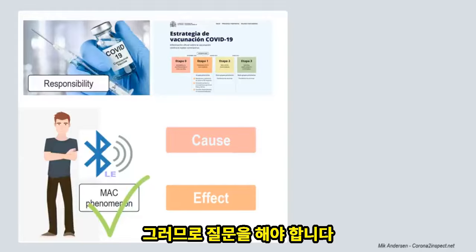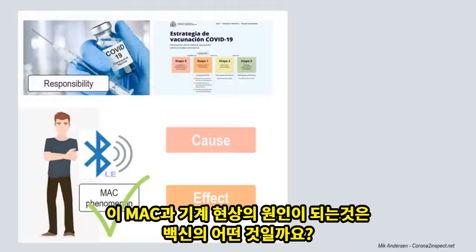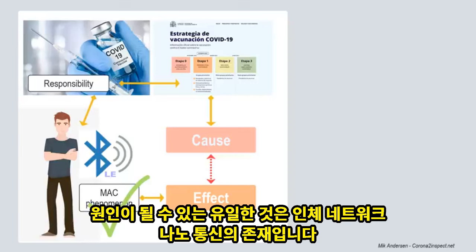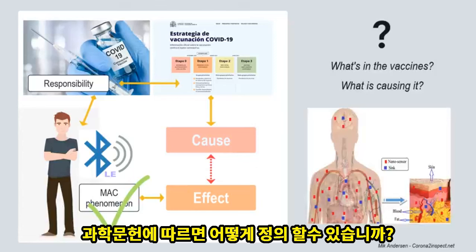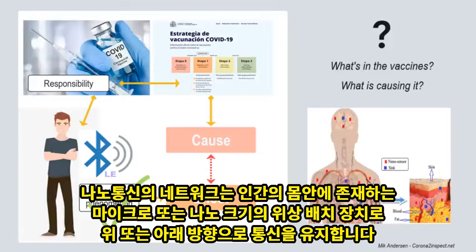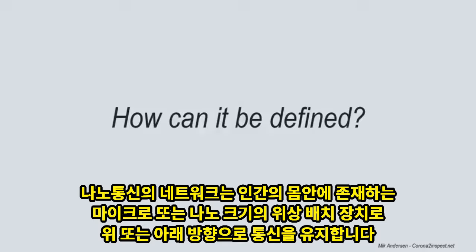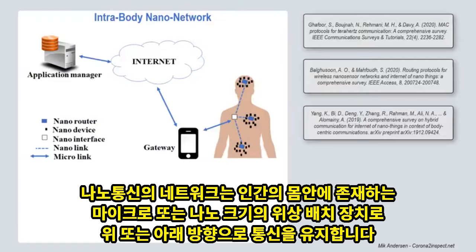Therefore, the question must be asked: what is it in the vaccines that is responsible for the MAC emission phenomenon? The only thing that can be causing it is the presence of an intracorporeal network of nanocommunications, according to the scientific literature consulted. How can it be defined? An intracorporeal network of nanocommunications is a topology of micro or nanoscale devices, which is present inside the human body, and which maintains a bidirectional communication in an upward or downward direction.